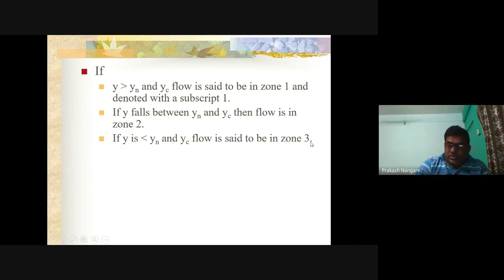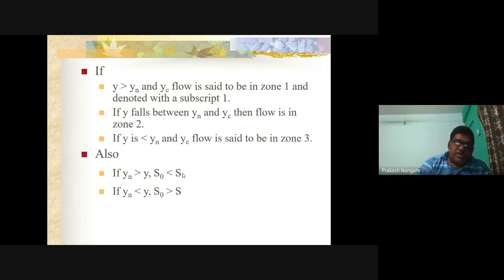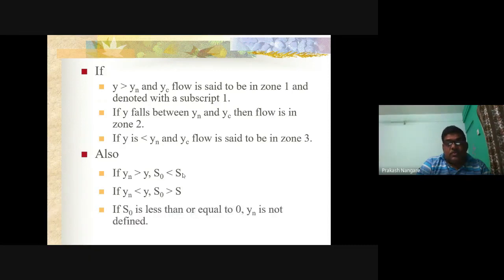Then according to this surface profile classification based on these zones, if yn is greater than y, then the bed slope of the channel is less than the energy gradient slope. Also, if yn is less than the depth of the flow, the bed slope of the channel is greater than the energy gradient slope. If the bed slope is less than or equal to 0, then normal depth is not defined. So this is the way to classify the flow as well as the surface profiles.